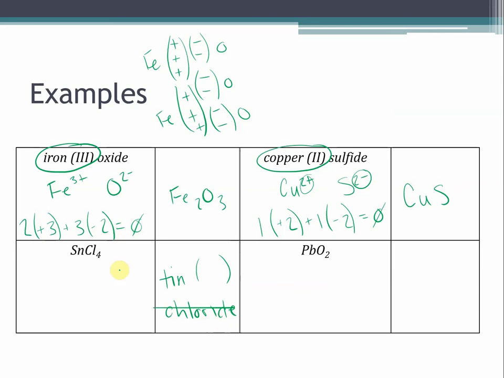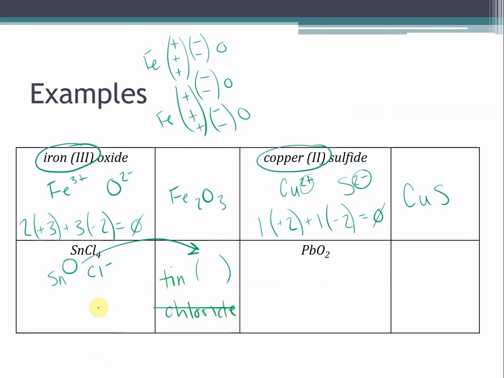So we know that the chloride ion is Cl-. We need to figure out what the charge is on this tin ion because whatever the charge is, we can put in these parentheses as our Roman numeral.